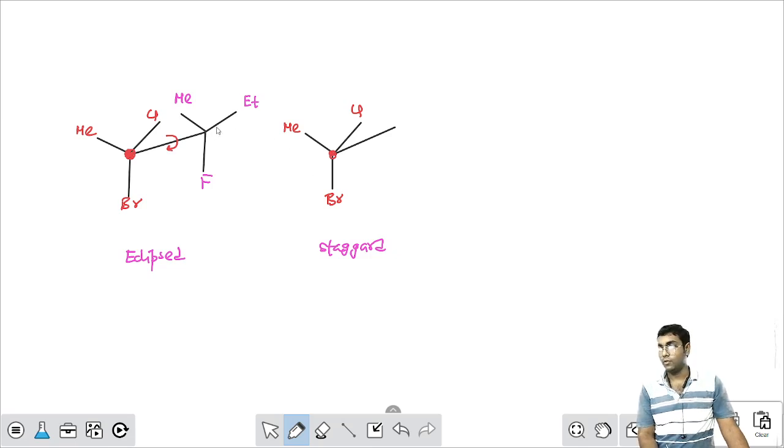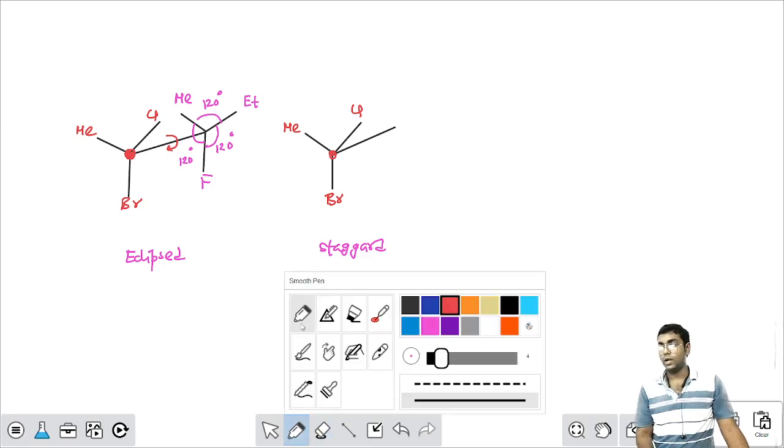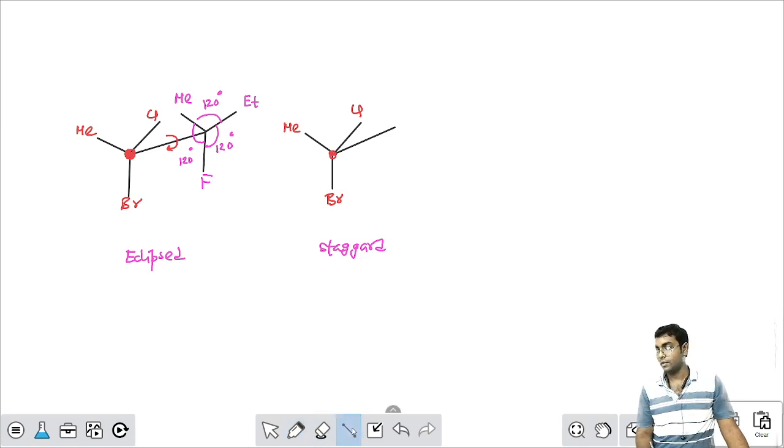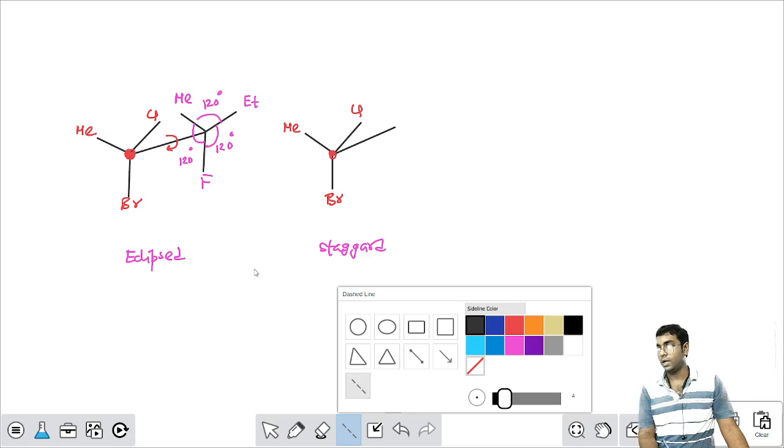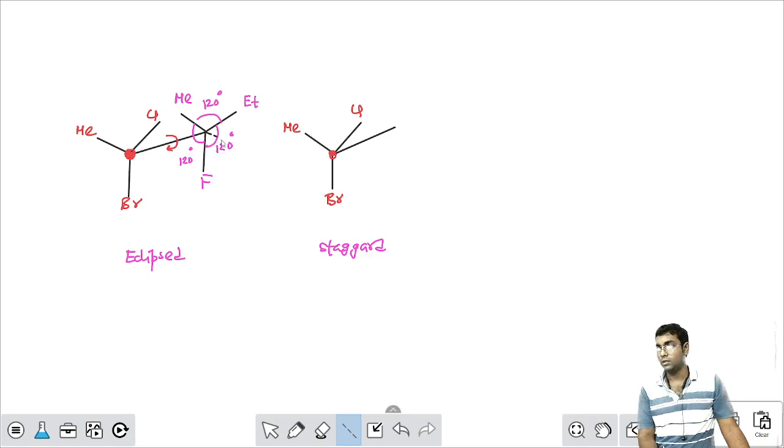So for the inverted one, you know that this angle is 120 degree, right? All these angles in sawhorse are 120 degree. Now let's rotate it 60 degree clockwise. How can we rotate it? If it is 120 degree, then the half of it will be 60 degree. Fine.